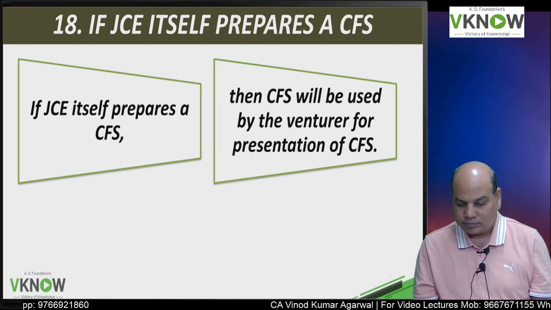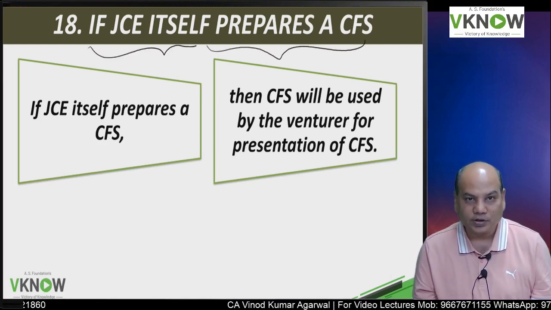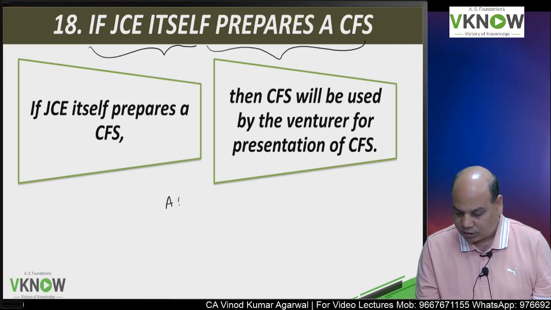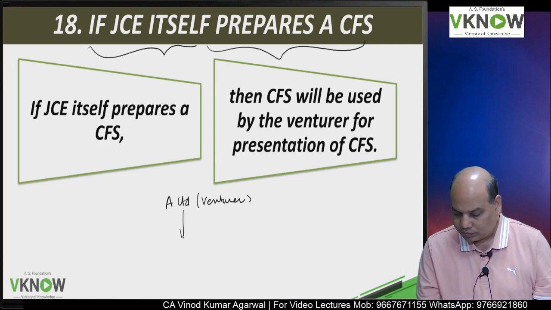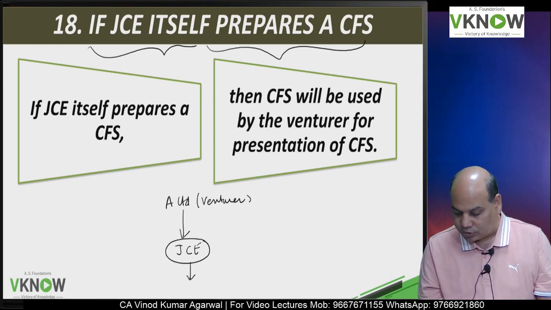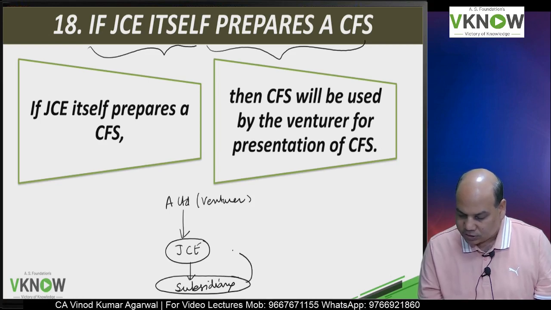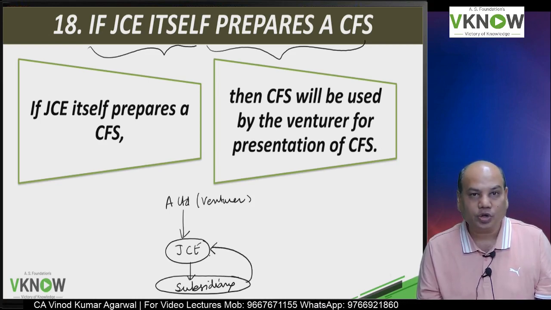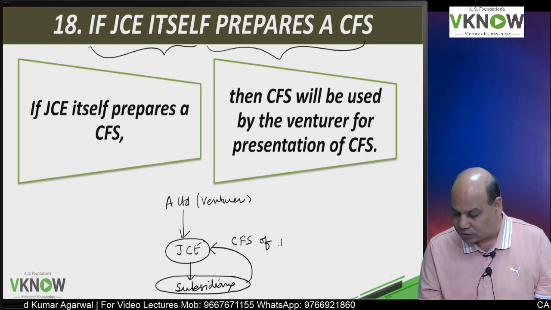Paragraph number 18, if the jointly controlled entity itself prepares CFS. A Limited is a venturer in a jointly controlled entity. This jointly controlled entity has a subsidiary. So first this subsidiary will be consolidated with the jointly controlled entity, and you will prepare the CFS of the jointly controlled entity.